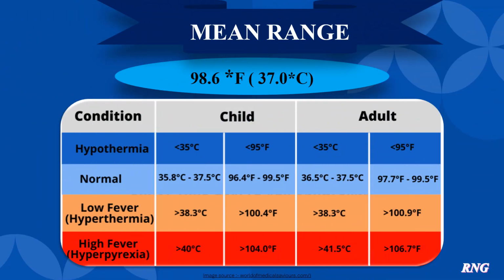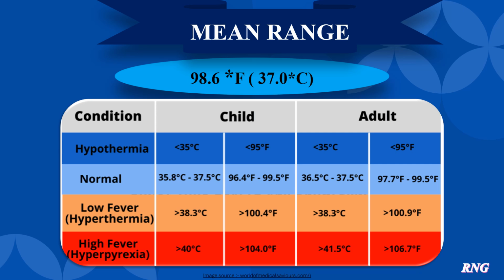Normal body temperature of an adult patient or a client is 98.6 Fahrenheit or 37 degrees Celsius. When the mean range goes below this level, the patient goes into hypothermia or a low body temperature, or if the mean range goes above this range, the patient goes toward fever.